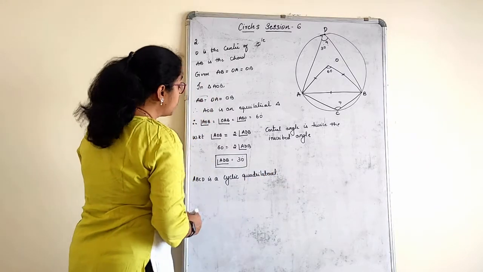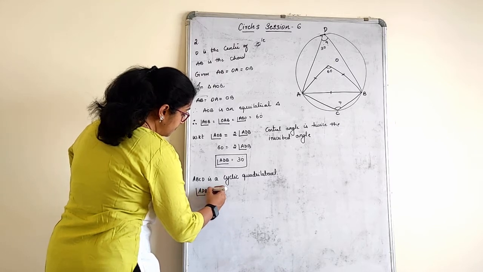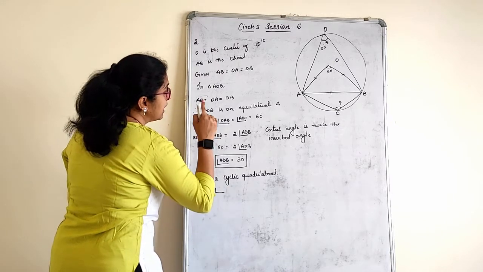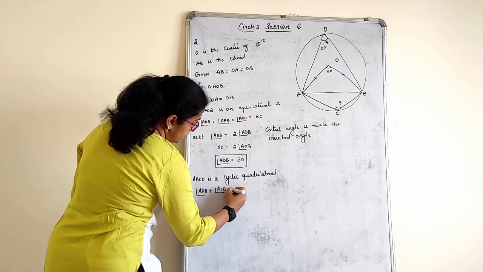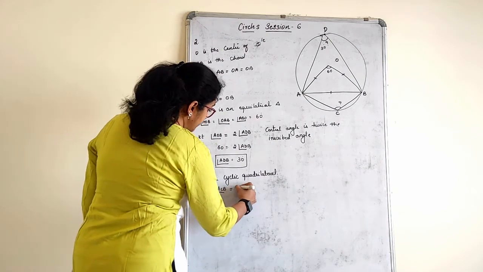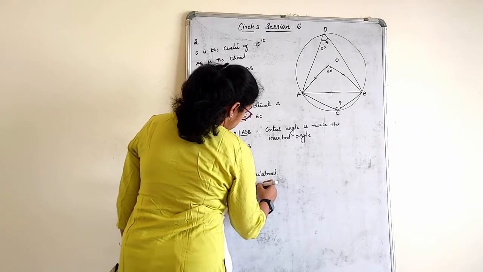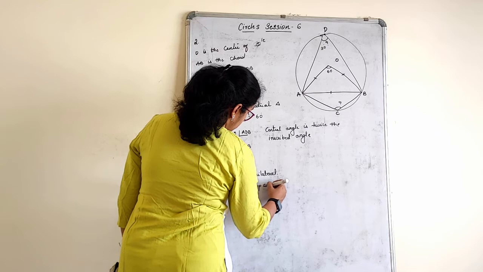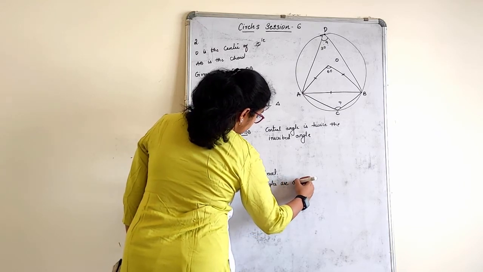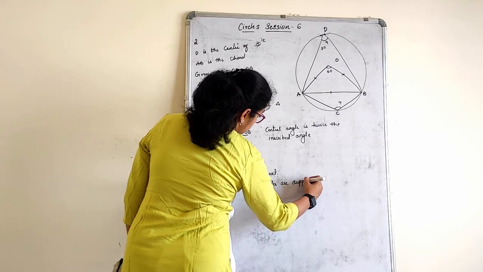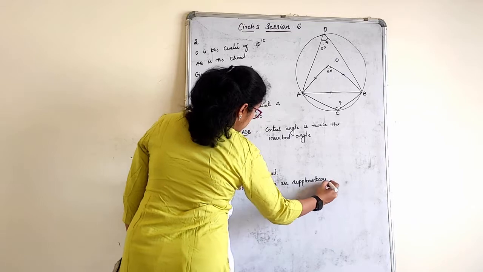So if it is a cyclic quadrilateral, angle ADB plus angle ACB is equal to 180. Opposite angles are supplementary.